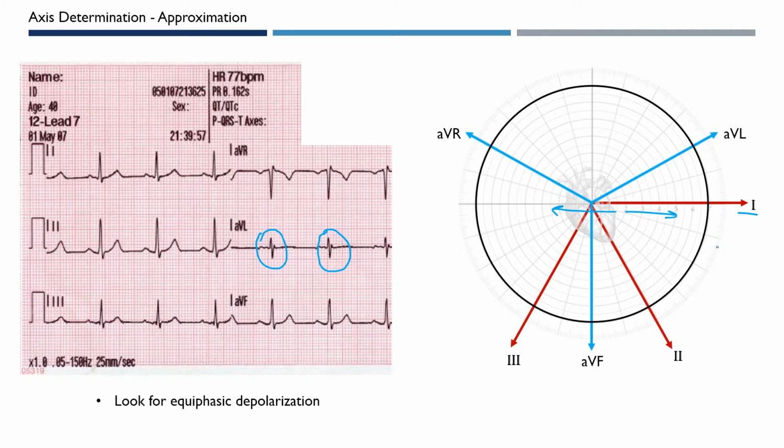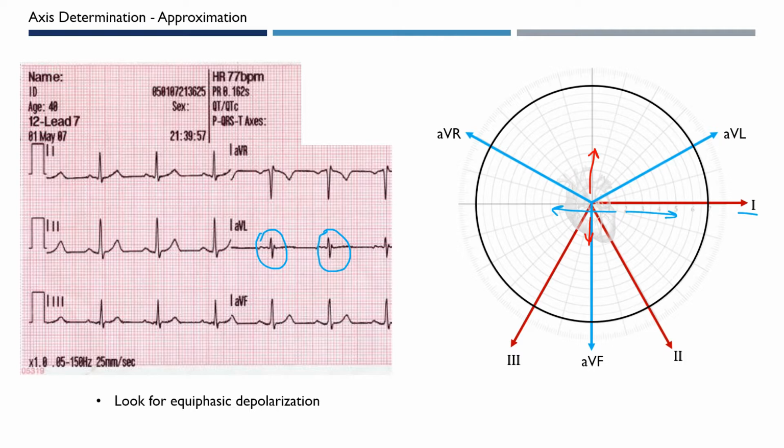However, there's one condition in which lead 1 will not detect any motion, and that condition is when the electricity is moving perpendicular. So if the electricity happens to be moving perpendicular to lead 1, so straight up or straight down, there's no path of motion either towards or away from the particular lead that's being examined, in this case lead 1. So on the EKG, there will be neither a net depolarization nor a net hyperpolarization.